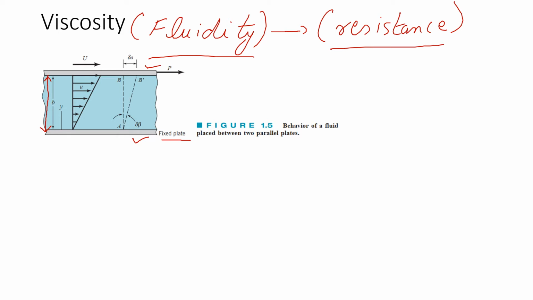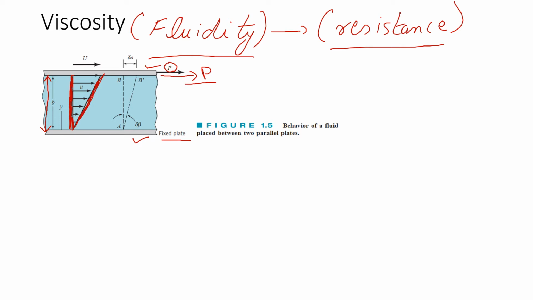We move this plate by applying a force P. If you take a vertical fluid element right here, initially it occupies this much space and it is vertical, but if we move this plate by applying a force P, this element will deform and this will come here.